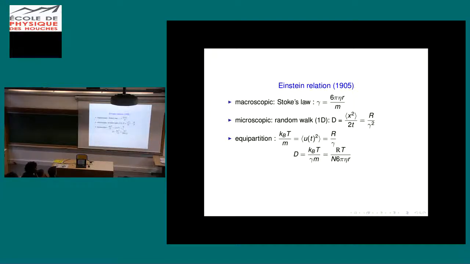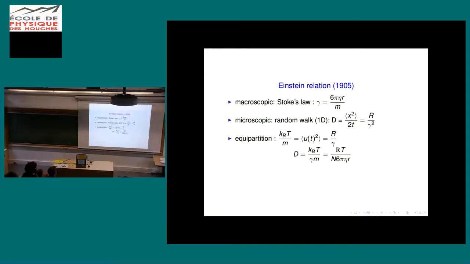So he proved that this is the diffusion constant, which you can potentially observe. It's also equal to R, where R is just the power of the kicking, the forcing, divided by gamma squared.